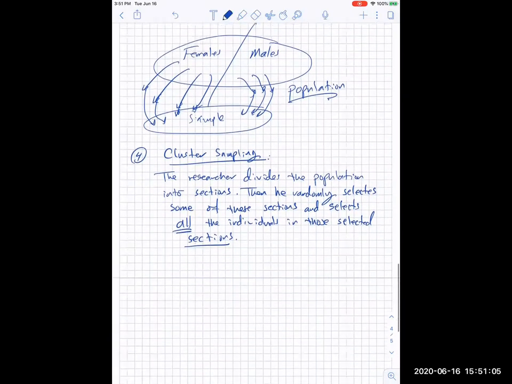Okay. Again, let me explain with a simple diagram here. Again, this is my population. What happens? The population is divided into sections, clusters.